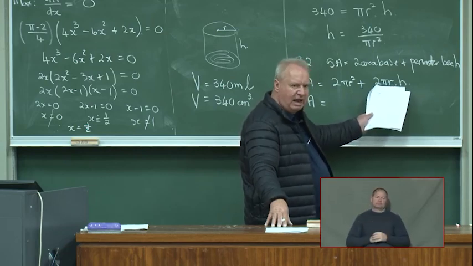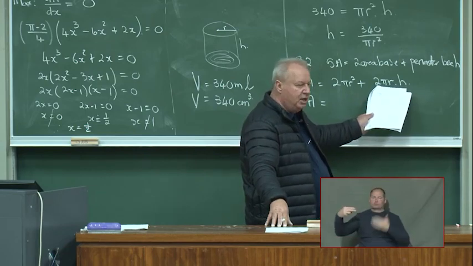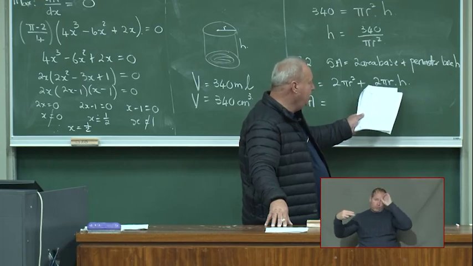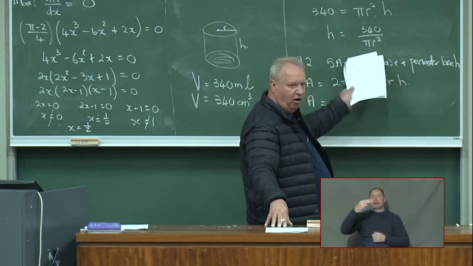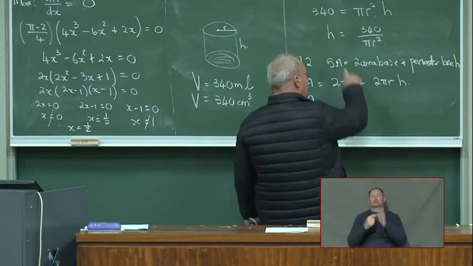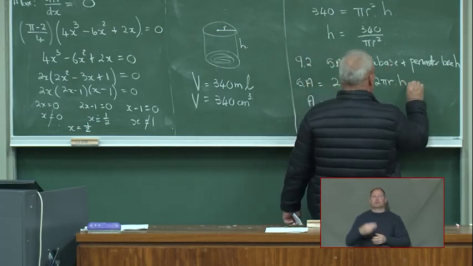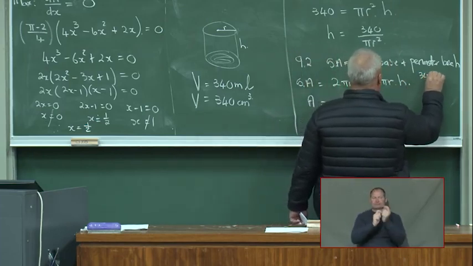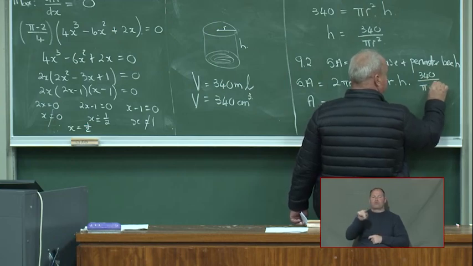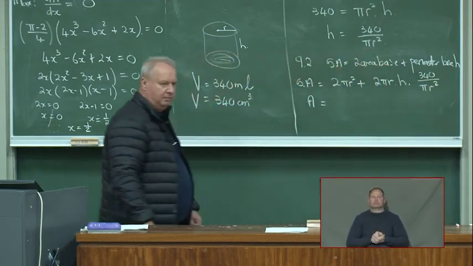But now we've got another unknown, h. So what are we going to do? We need to express h in terms of r, correct? So I'm going to say h I can replace with 340 over pi radius squared. People, are you with me?